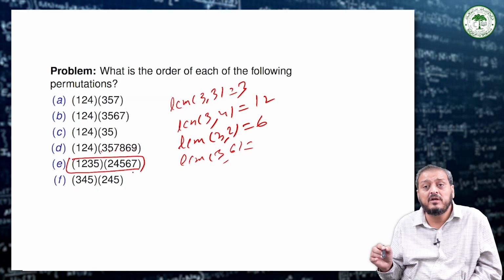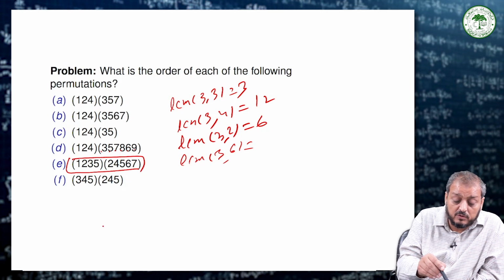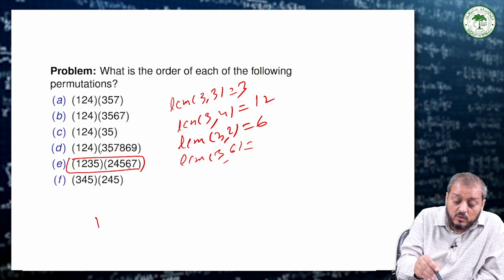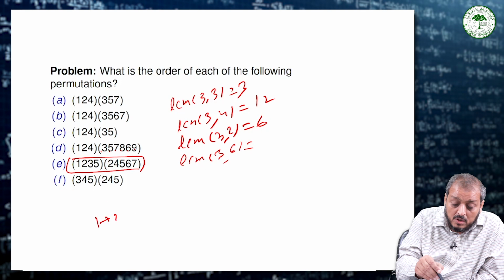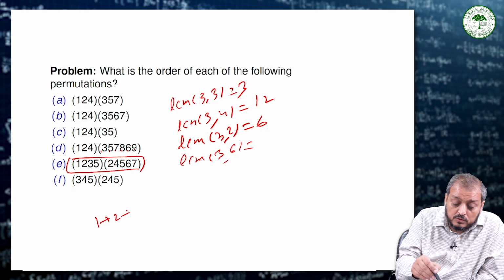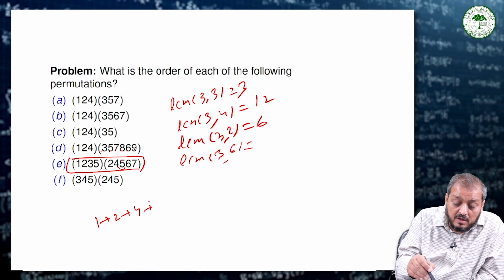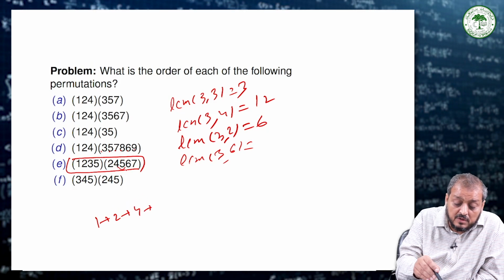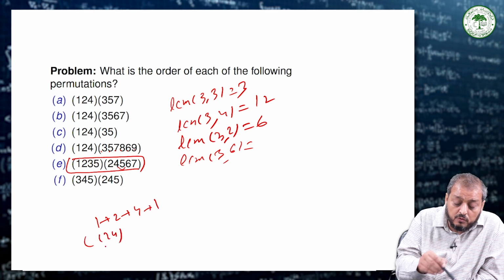This is not disjoint, so first we have to write it as disjoint cycles. Starting from 1: 1 goes to 2, 2 goes to 4, 4 goes to 5, and 5 goes to 1. So this cycle is 1 2 4 5.